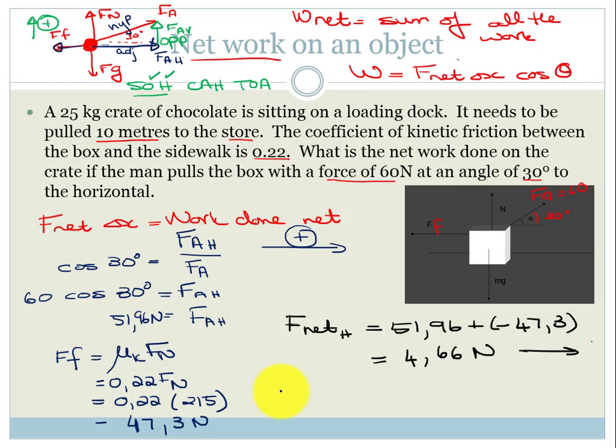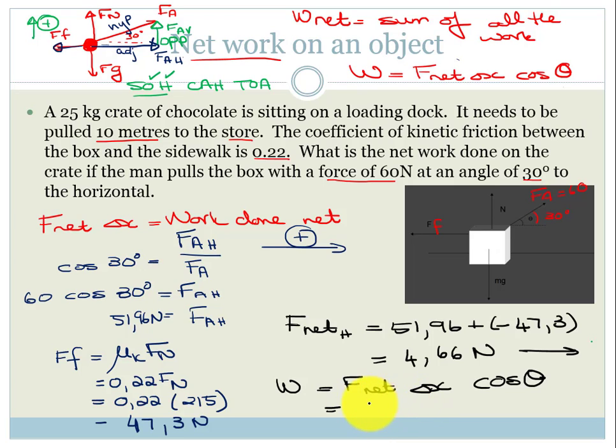Finally, your net work done, the work, equals F net delta x cos theta. Okay, so obviously the net force is in the positive direction and it's in the horizontal positive direction.